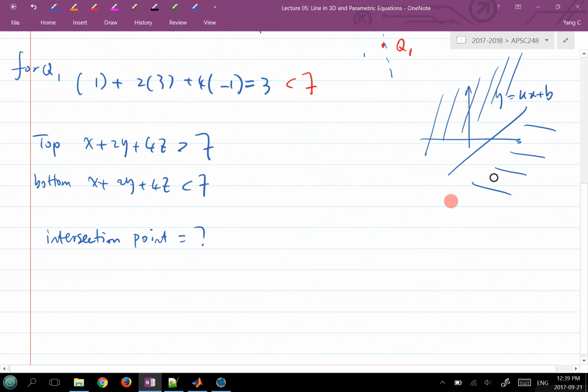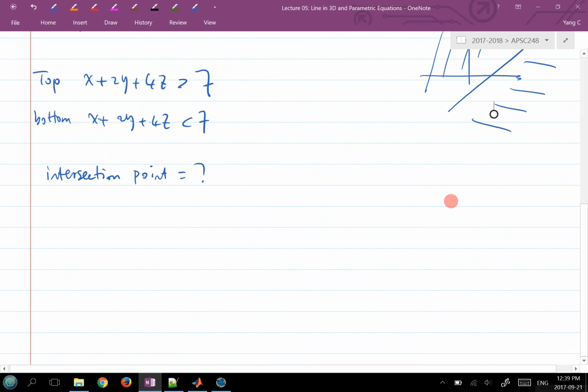So this Q0, Q1 vector gives us, using the Q1 coordinate subtract the Q0 coordinate, 2, 1, negative 3. So that's Q0, Q1.